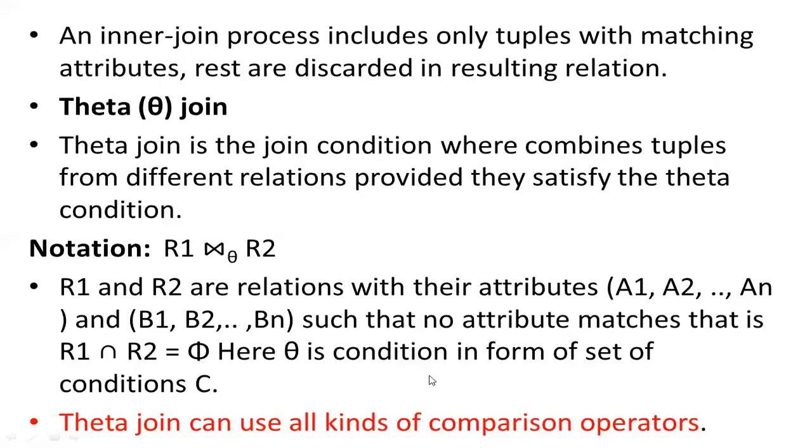So the theta condition is in the form of a set of conditions. To perform a certain inner join, this condition should be applied. Okay, so the theta join can use all kinds of comparison operators. Suppose you use greater than, less than, greater than or equal to, less than or equal to, all those comparison operators you can use, right?